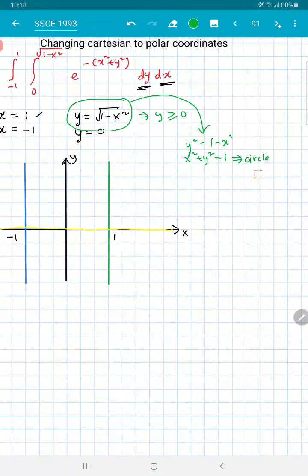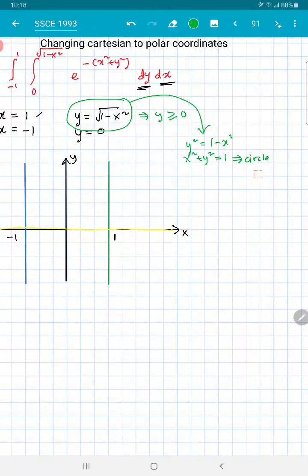So we're not taking the whole circle, only the top half of the circle of radius 1 centered at 0, 0. So we have this circle here. Now we know our region is this, because it has to be bounded by all four boundaries, the four equations here.